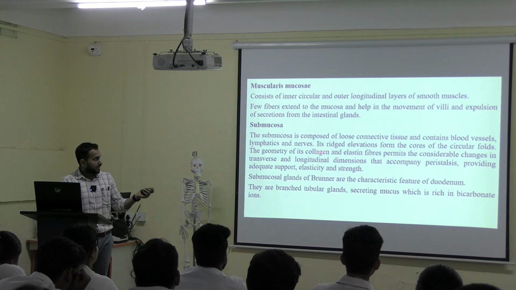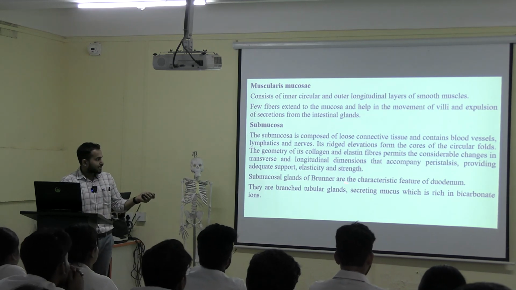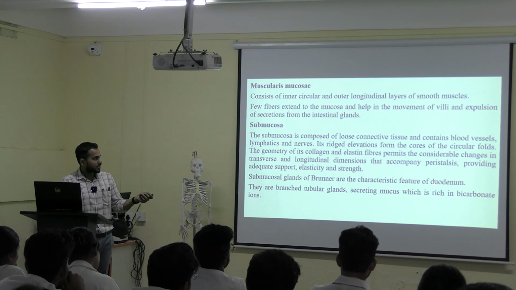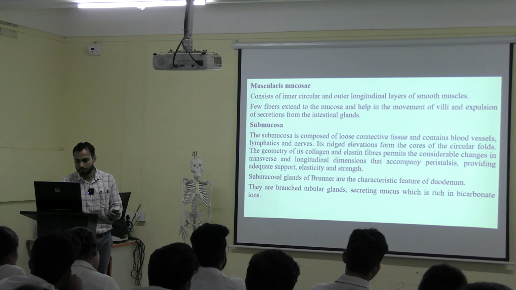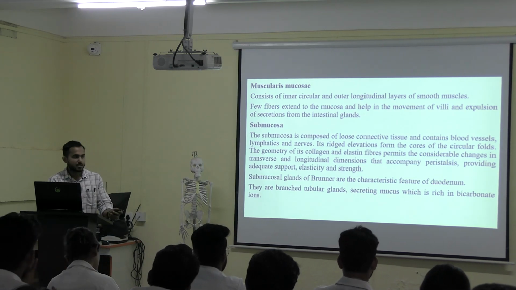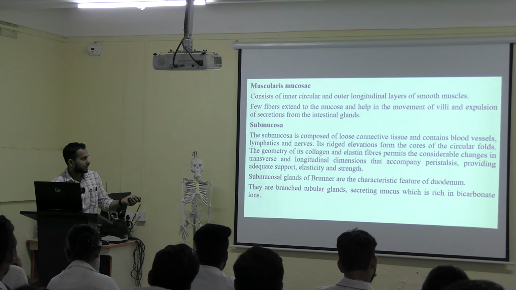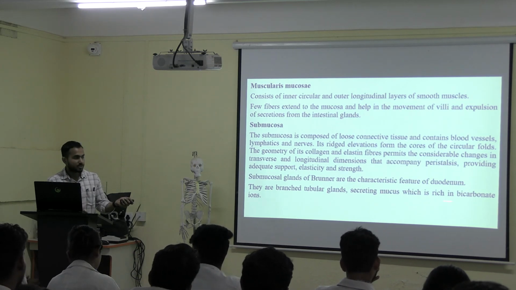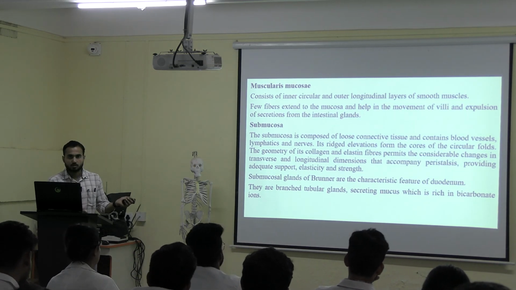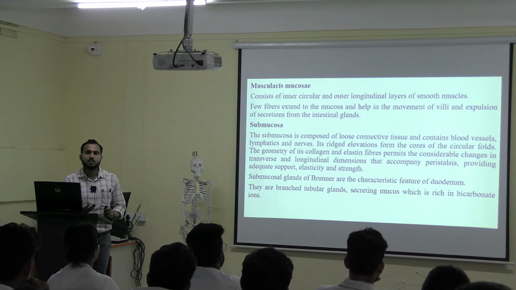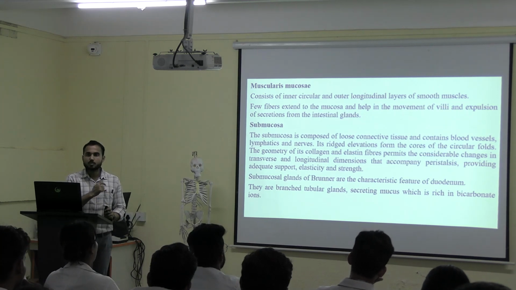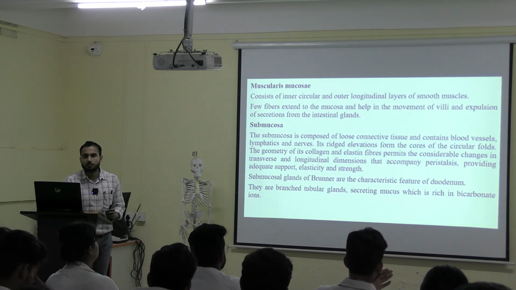Next, in the submucosa, as I said, Brunner's glands are there, which is the most important feature to identify the duodenum. If you see the Brunner's glands, these are branched tubular glands secreting mucus, which is rich in bicarbonate ions. So their function is also to secrete mucus, but here the mucus is rich in bicarbonate.